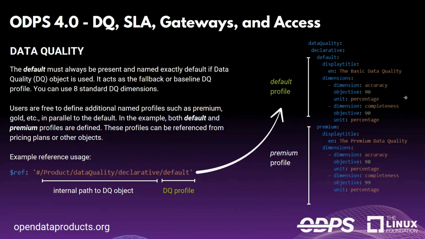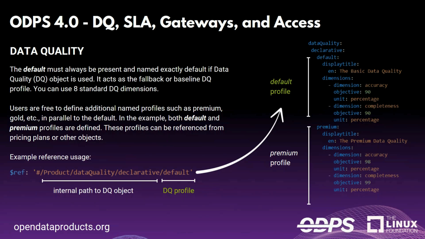So let's have a look at the data quality object. This is the data quality object that you define in the ODPS spec, and as mentioned, there has to be the default. Default is always present, and it's named default. Under the default you have some kind of display title, in this case in English, and then you have the dimensions of the data quality profile.